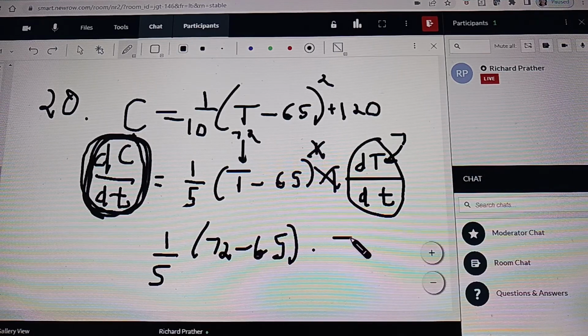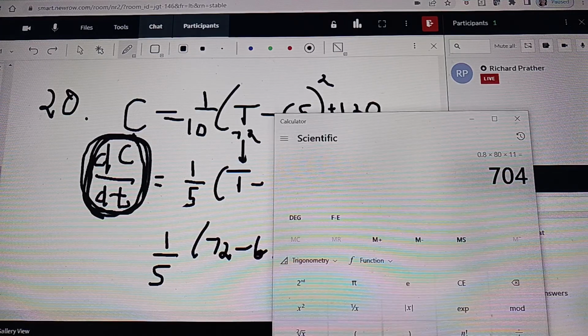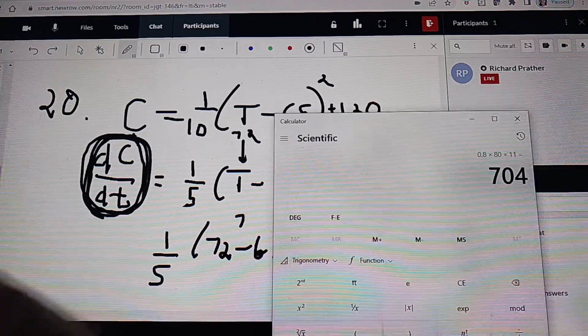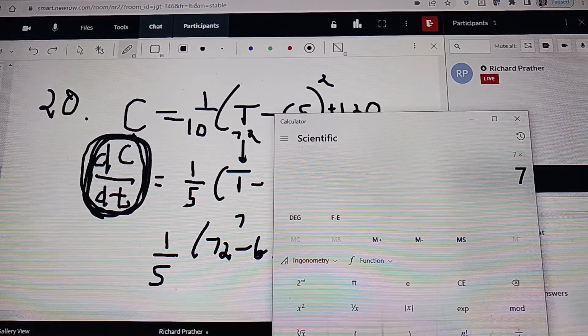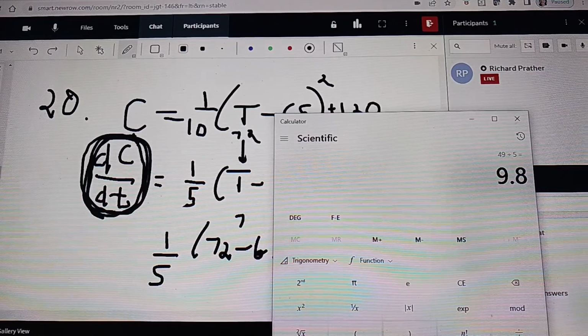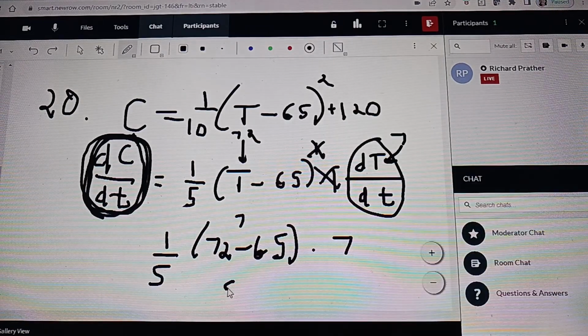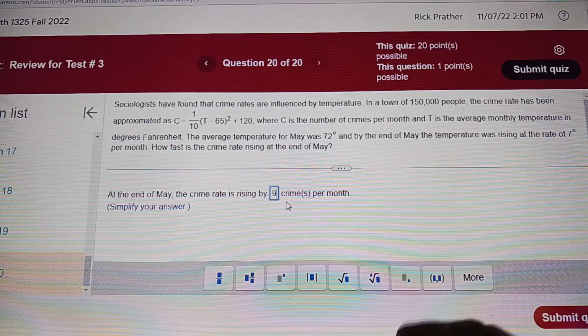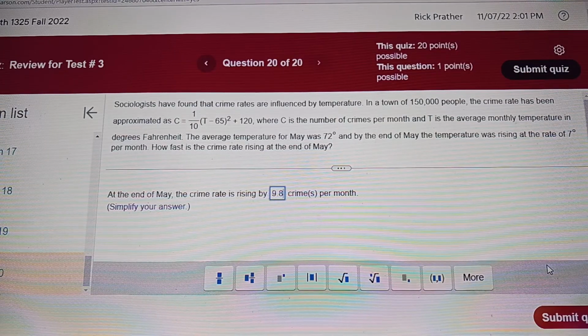And then plug 7 in for the rate of change of temperature. So 72 minus 65 is 7. I need 7 times 7 and divided by 5. 9.8. So as the temperature starts rising, the crimes start rising too. They're rising by 9.8 crimes per month.